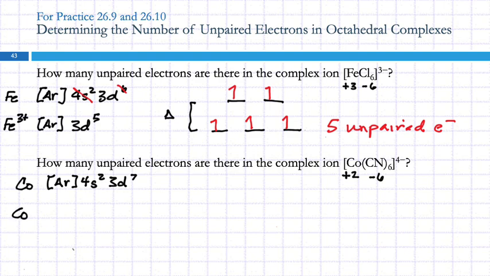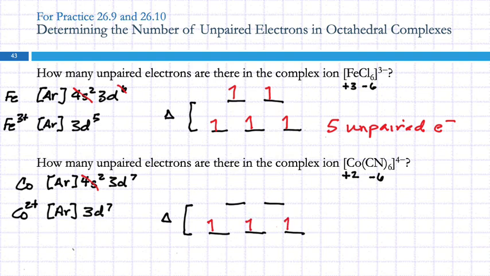So then if we look at cobalt 2 plus, we need to lose 2 electrons. It's just going to be those s electrons. 3d7. So we got 7 electrons. And then we look at the low and the high. Right, and this difference is the crystal field. And we start putting the electrons in. 1, 2, 3.